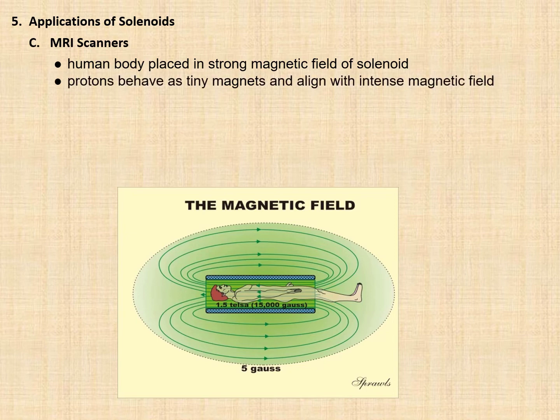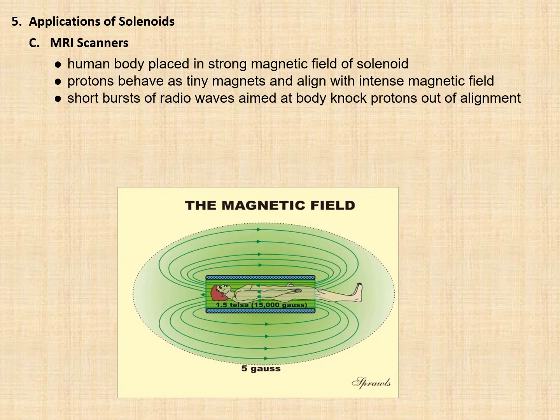It turns out that the protons in your cells behave like very tiny magnets, and they become aligned with this very intense external magnetic field of the solenoid. Short bursts of radio waves aimed at the body will knock these protons out of alignment.